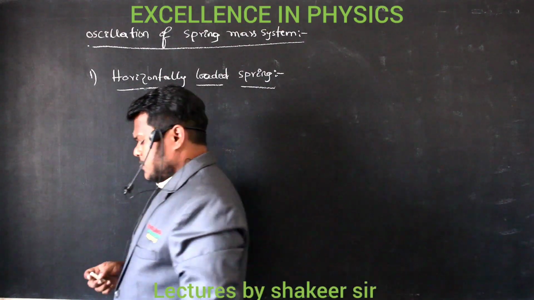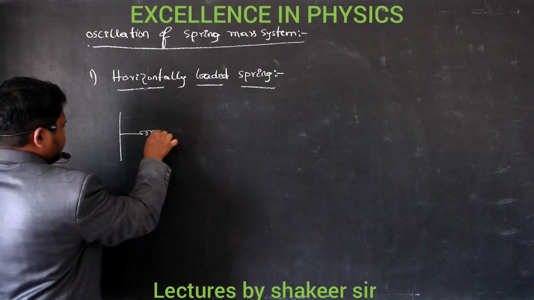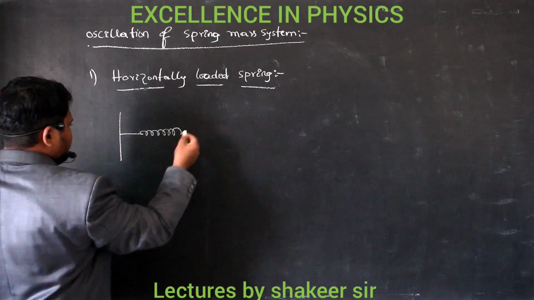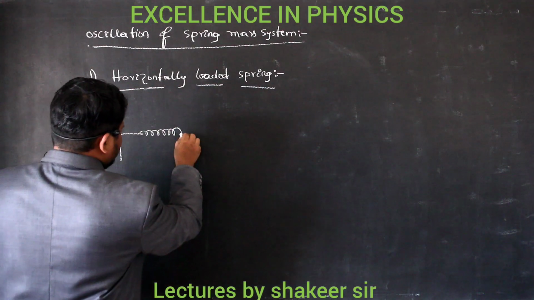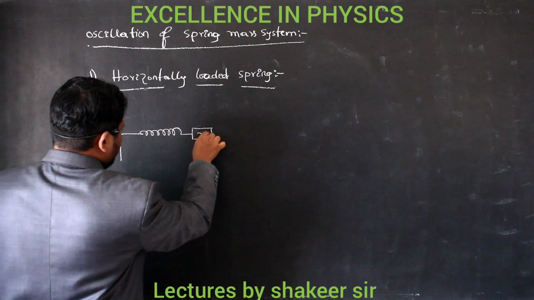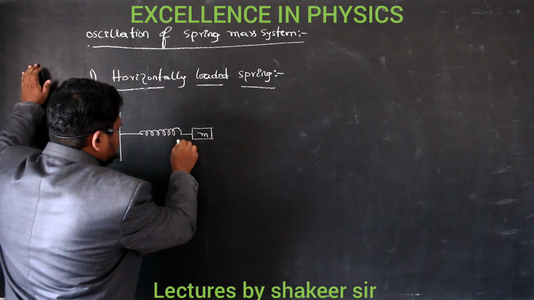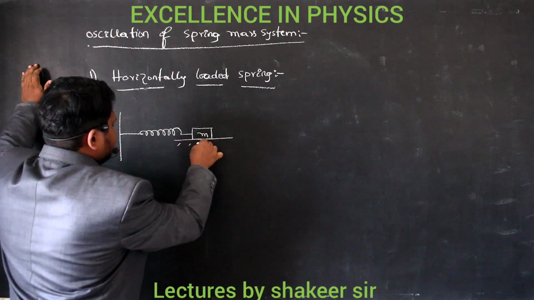Clear? So for example, this is a spring which is present at its mean position, and to this spring we are attaching a mass of m. Clear? So we have attached this mass m, and this is the mean position of the spring.